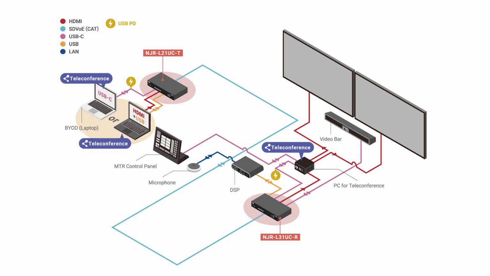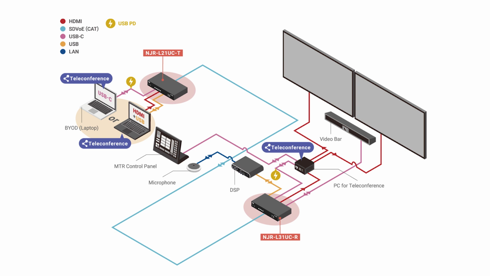Yeah, so the product that we're going to be releasing this summer, right around InfoComm time actually, is a transmitter receiver set, of course, based on SDVoE for the video transport. And it's really designed for, like you said, the conference room, specifically an MTR or a Zoom room running on Windows, having a Windows PC in the room.